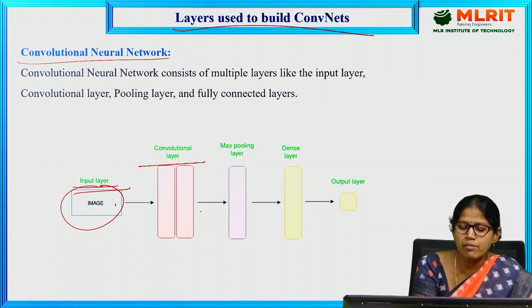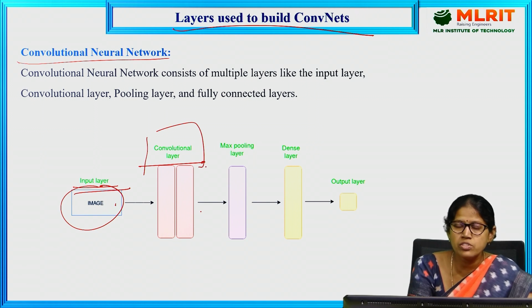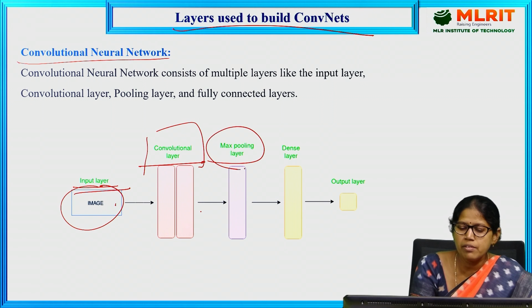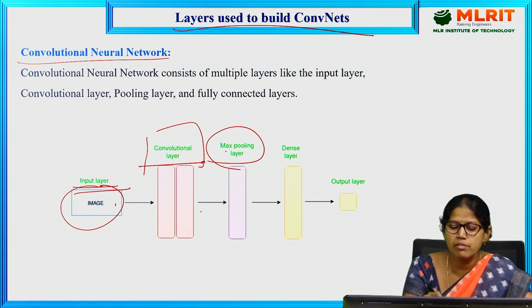The convolution layer extracts edges, curves and patterns from the image. Next, after the convolution layer, it applies max pooling. From the output feature map of the convolution layer, it takes the maximum value from each region.